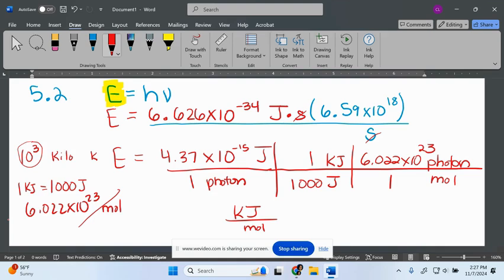And that's going to get rid of photons. So photons are going to go, joules will go, and that's going to leave us with our answer. For this one, it ends up being 2.63 times 10 to the 6th, and that's going to be kilojoules per mole.